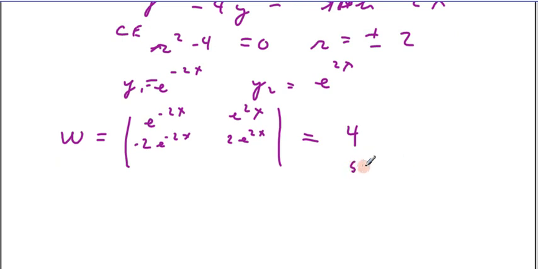I remember that hyperbolic sine 2x is e to the 2x minus e to the minus 2x over 2. And am I going to use that? I think I'm going to use that.